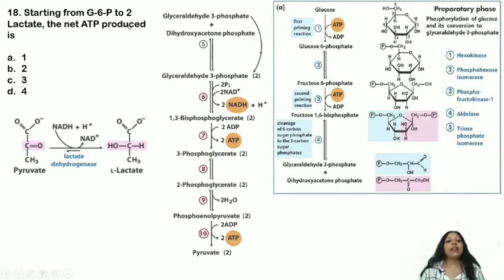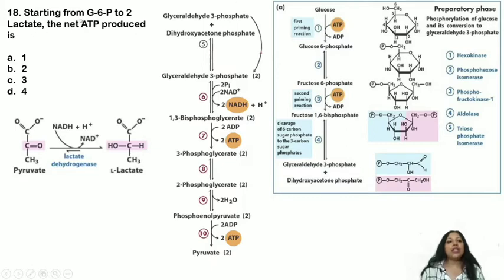So, the next question is, see, this is the question only, and I have made these charts, or I have selected these charts for you to make this question easy to understand to all of you. Okay.